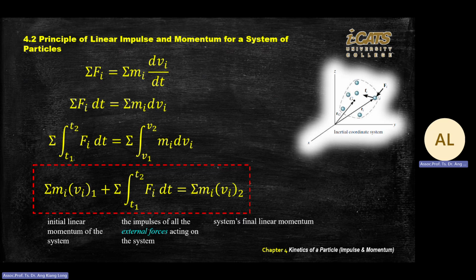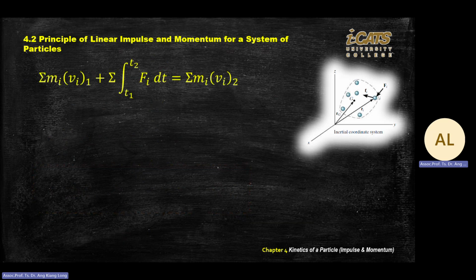And then you group before on the left-hand side, after on the right-hand side. Or if you're lazy, you just put on the left-hand side the linear impulse, and on the right-hand side all the momentum: momentum number 2 minus momentum number 1. So far we're still at the same.